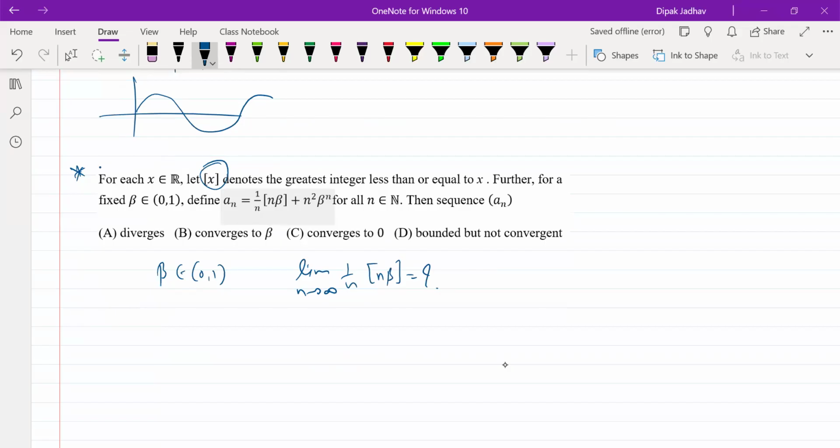Beta. Yes. Others, please think. Where does the sequence go?